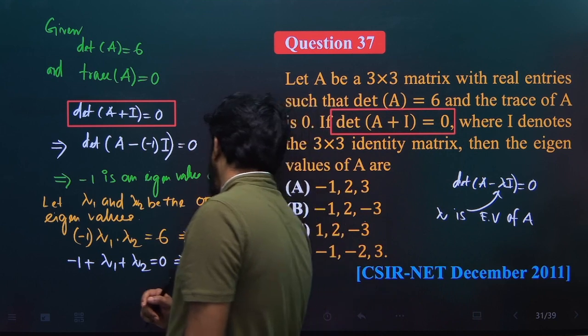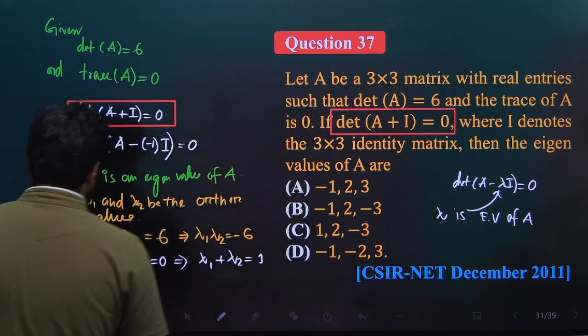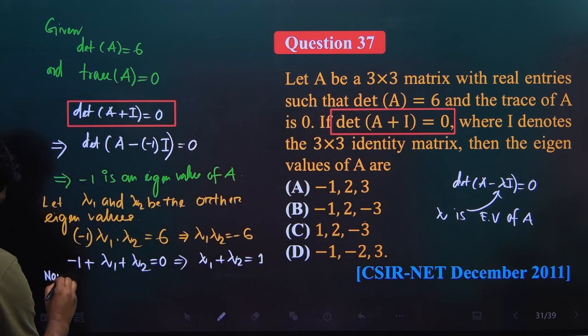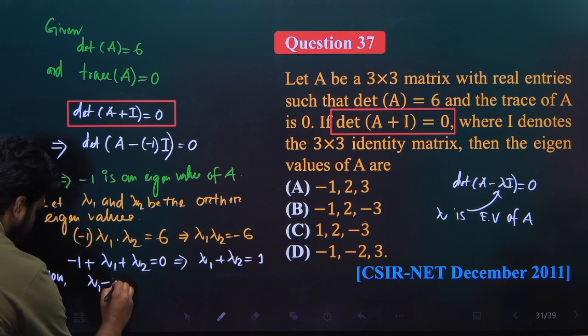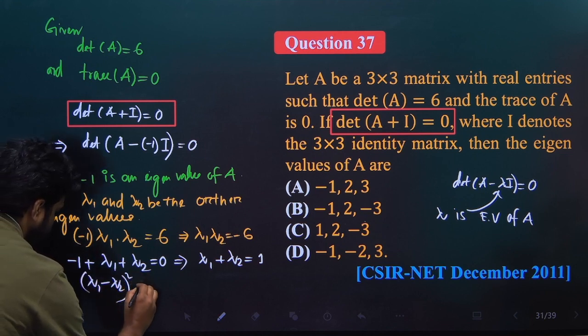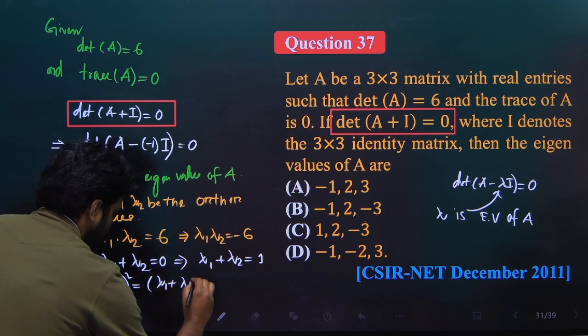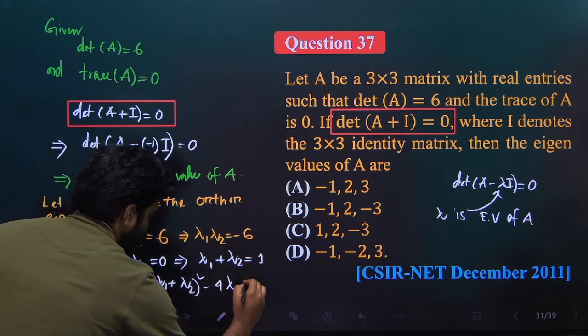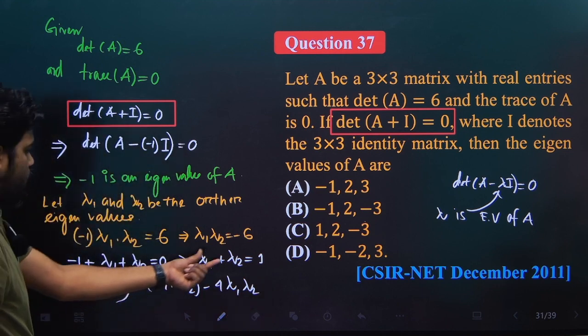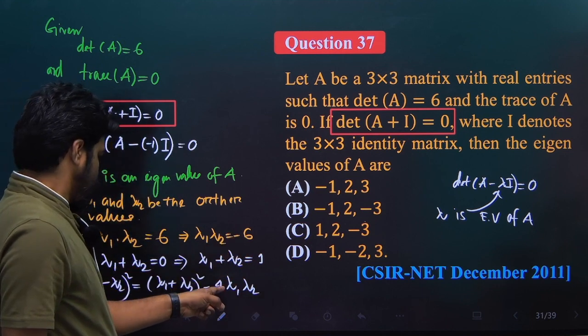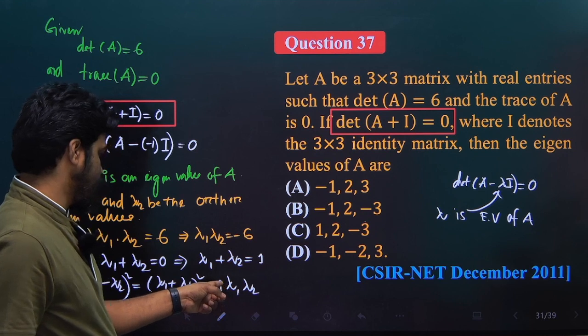So now lambda 1 minus lambda 2 whole square. So a minus b whole square is a plus b whole square minus 4ab. So lambda 1 plus lambda 2 is 1, and lambda 1 lambda 2 is -6, so minus 4 times -6 is 24.